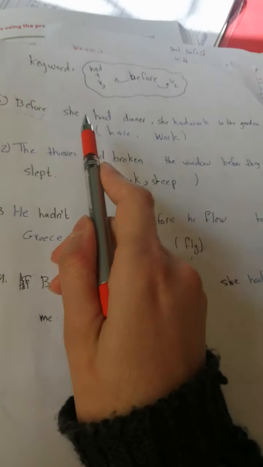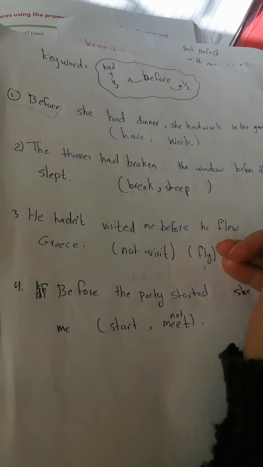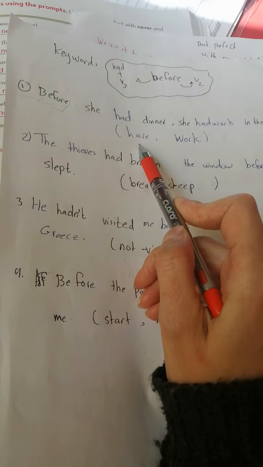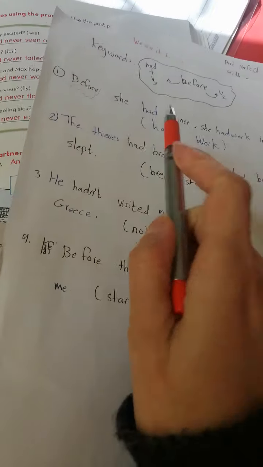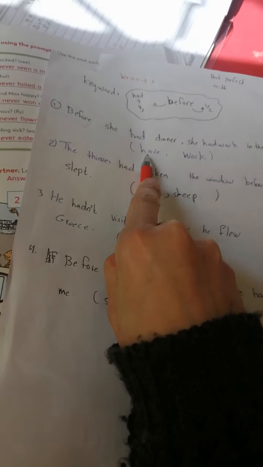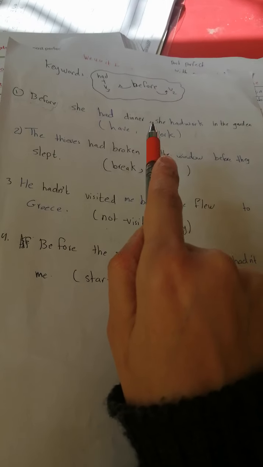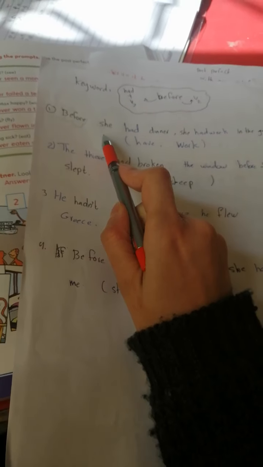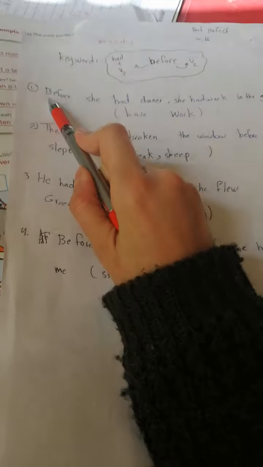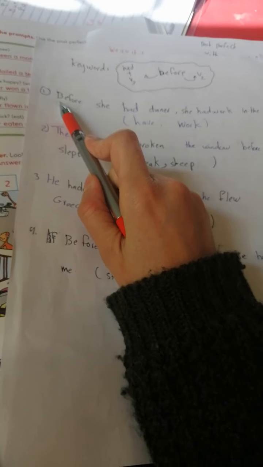Examples: before she dinner, she in the garden. Here we have the verb have and the verb work. Okay, in order, على ترتيب, الفعل الأول للفراغ الأول, الفعل الثاني للفراغ الثاني. Before she, أنا عندي هون before, أنا حافظ إنه after before it should be followed by verb 2.